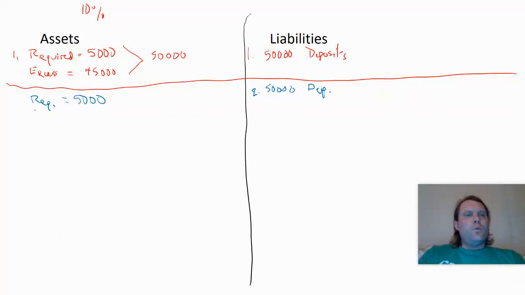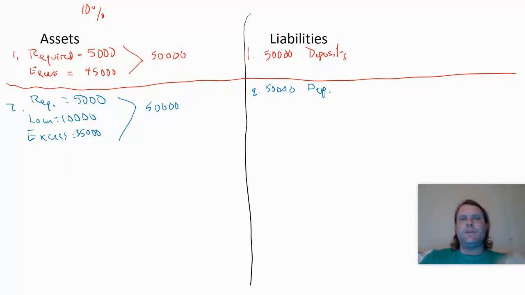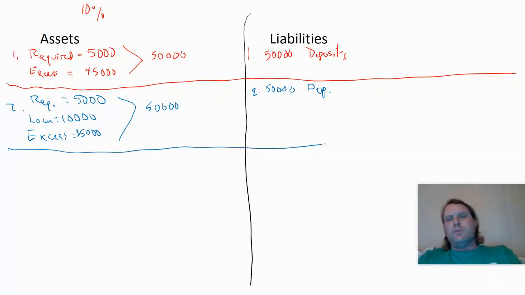We know that we have a loan for 10,000. And now we know that all this has to equal 50,000 still. So what are our excess? Well, our excess are going to be $35,000. And again, all that equals 50,000. We're moving right along here.